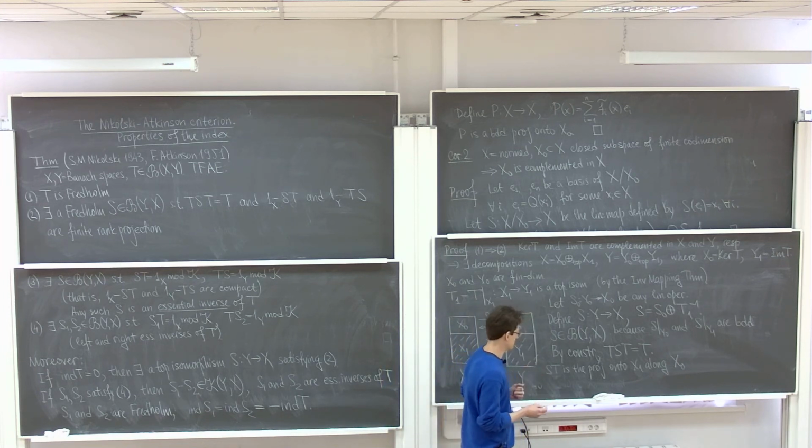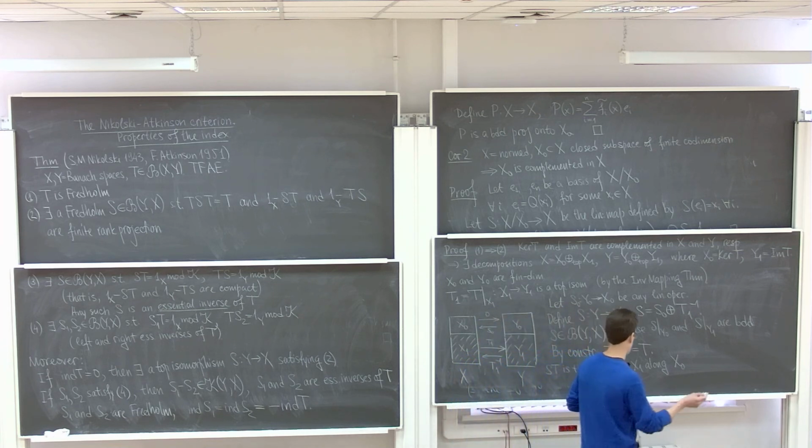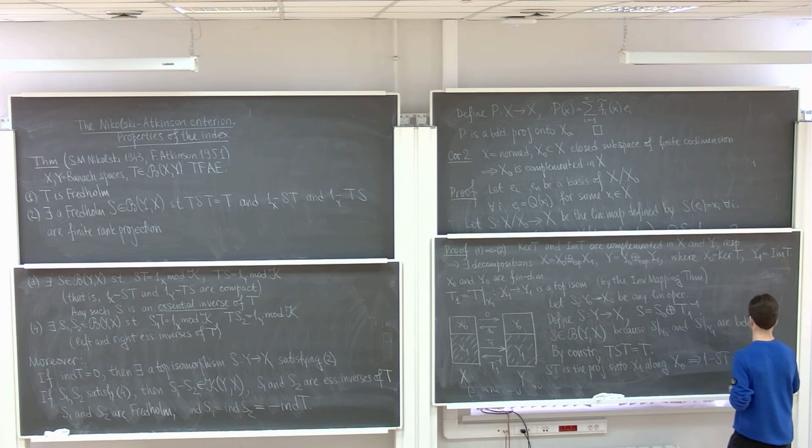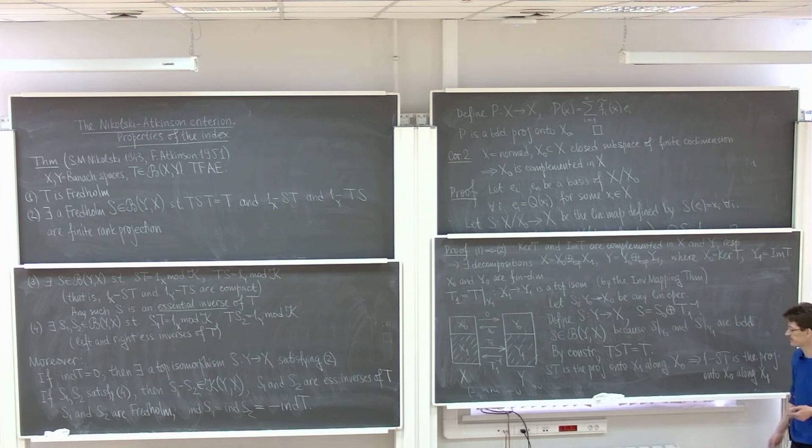So it is the projection onto x1 along x0, and this implies that 1 minus ST is the projection onto x0 along x1. And so it's a finite rank projection because the image of this projection is x0, which is finite dimensional.